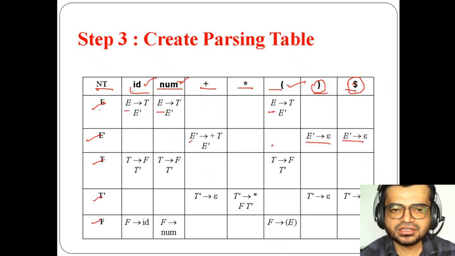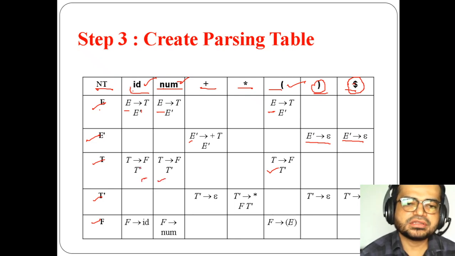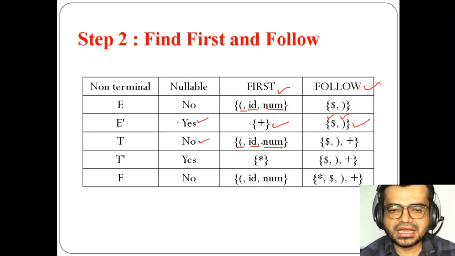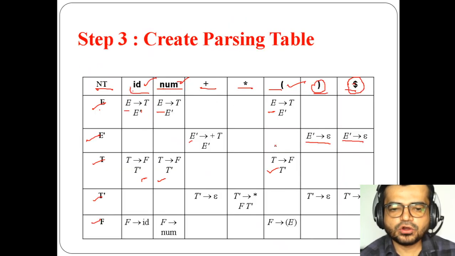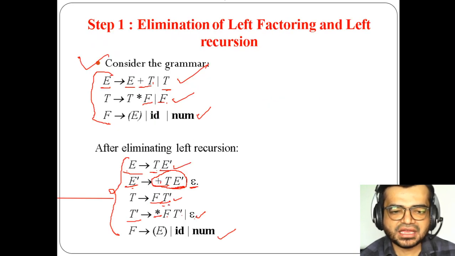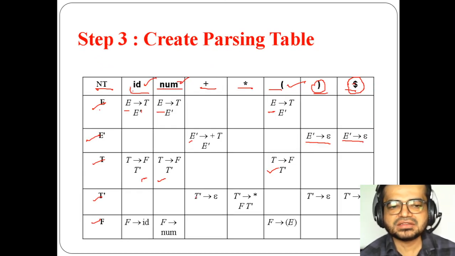So I have taken opening bracket, ID and number here. And for T, you need to verify which production is there. We have only one production: T of FT dash. So here you have to take T of FT dash.